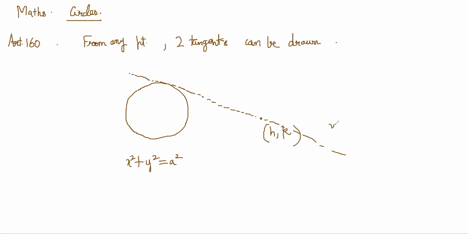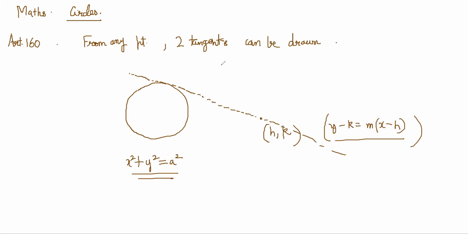So equation of the line is y minus k is equal to m into x minus h. Now this line will be tangent to the circle. That means if we solve this line with the circle equation, we should get discriminant equal to 0. Only then will it be tangent, because otherwise there will be 2 points of intersection, if discriminant is positive.